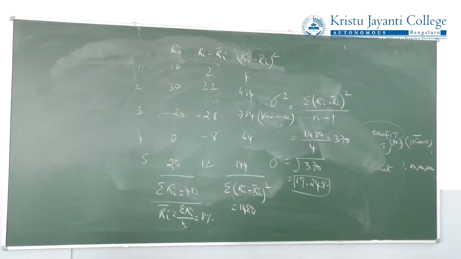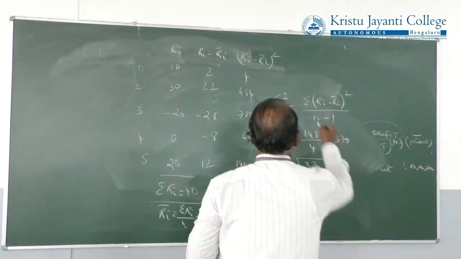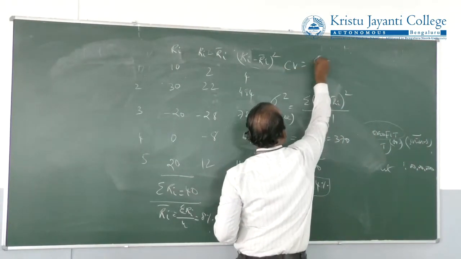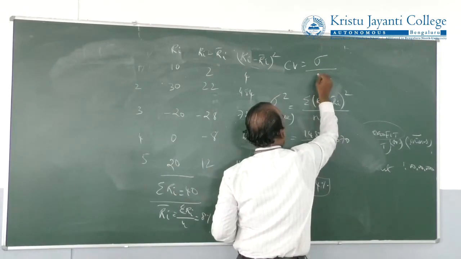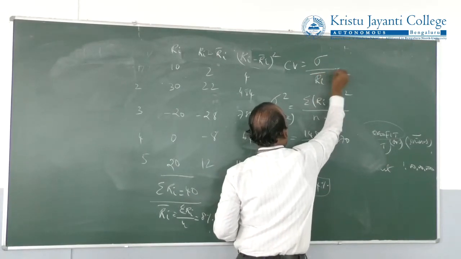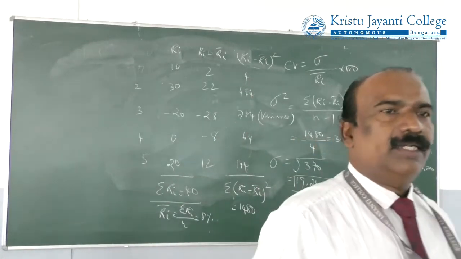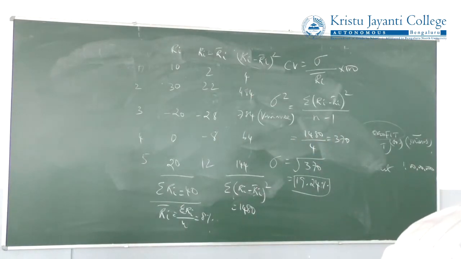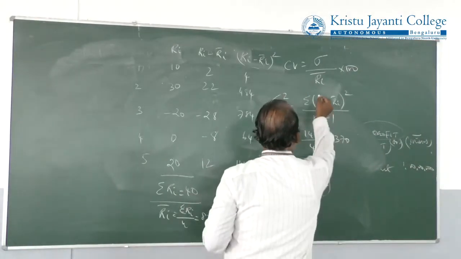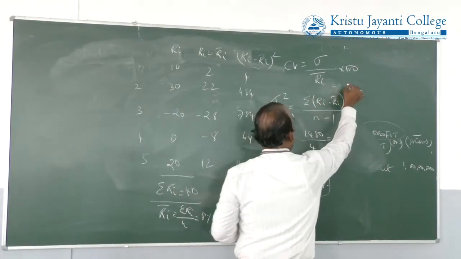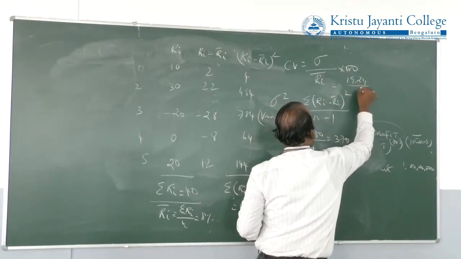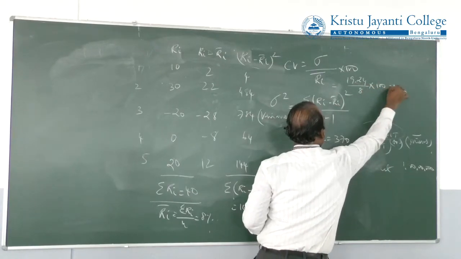CV, coefficient of variation. So coefficient of variation, CV, is equal to standard deviation divided by R bar i into 100. So standard deviation is 19.24 divided by 8 into 100.